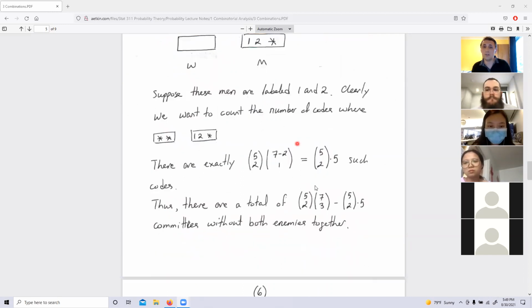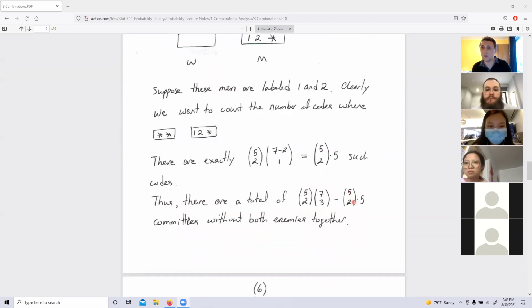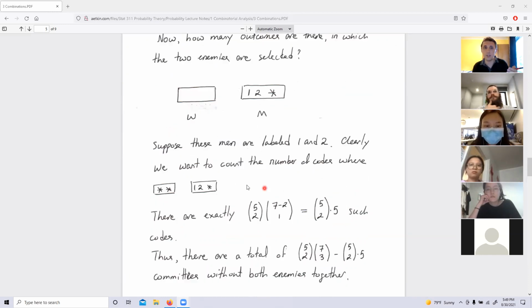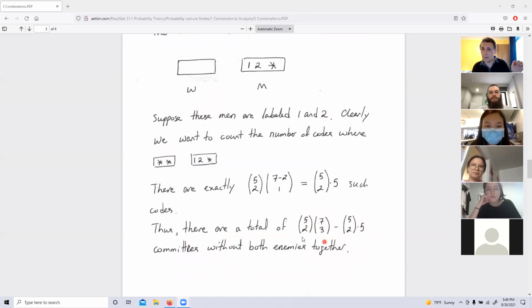So altogether, we take all the committees minus the committees with enemies, because those committees cannot exist. So I toss away documents, I subtract, because I toss away the documents that represent situations that cannot occur. Do you understand? What I personally imagine is I print every code out on a separate piece of paper, and the code looks like those 2 bars filled in, and I have this many papers.